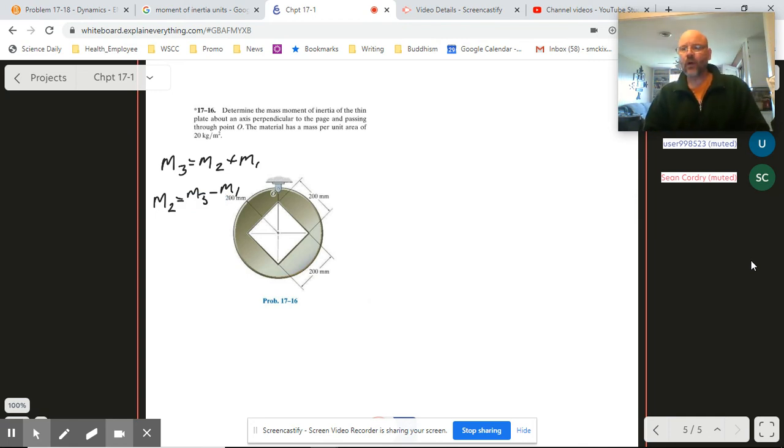So what we're going to do here, like let's say we wanted the mass of this object, we'll treat it like it's two different pieces. We'll treat it like it's some outside piece here, and we'll call that M2, but M2 is equal to the big disk minus the inside portion, just like that. So the big disk is M3, and the square portion is M1.